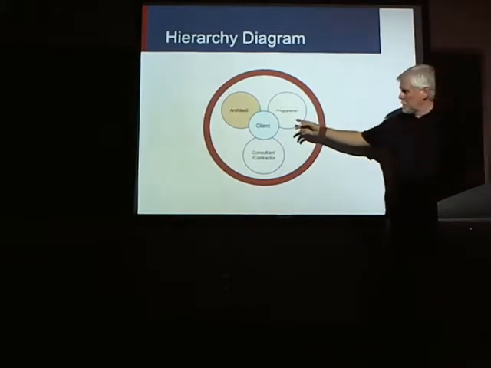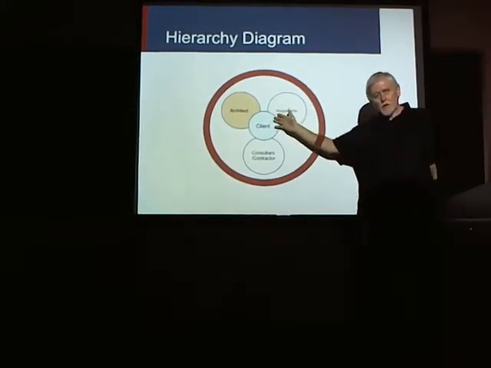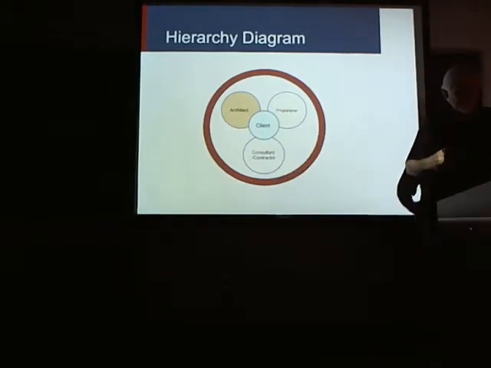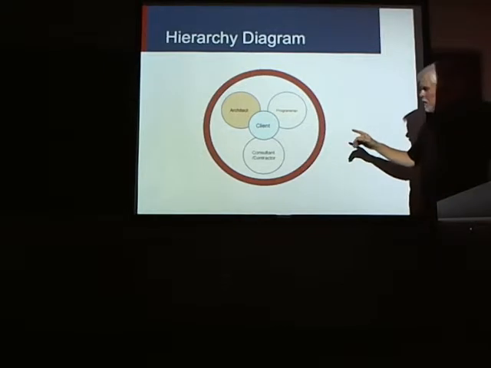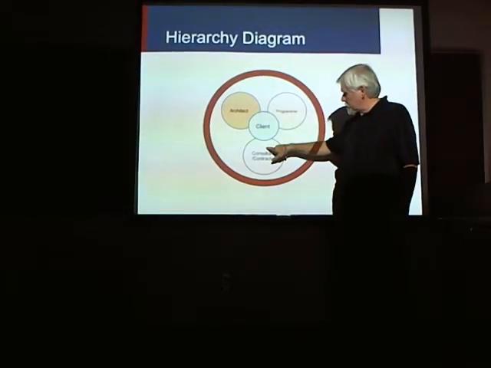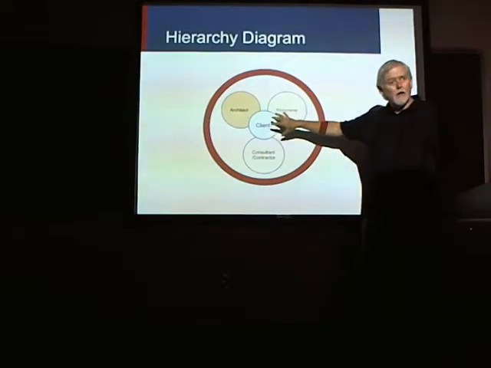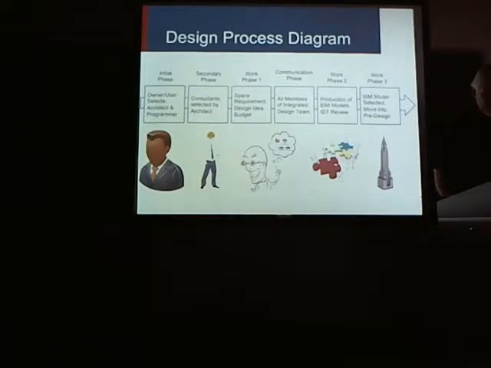Other than, I guess, the client is at the center, which is a kind of hierarchy, but it's not hierarchy. And I'm not sure what this diagram is actually saying, other than the client has some overlap with the programmer, architect, and consultant. That's the only thing I can get out of this.